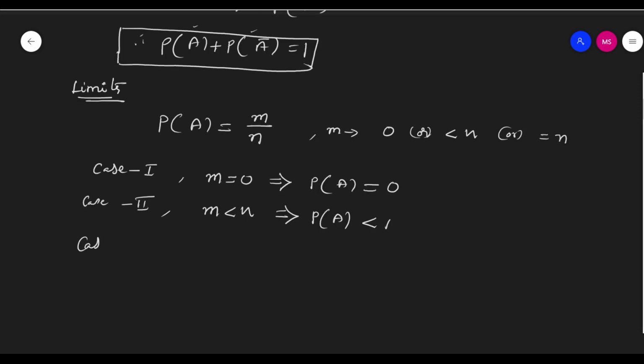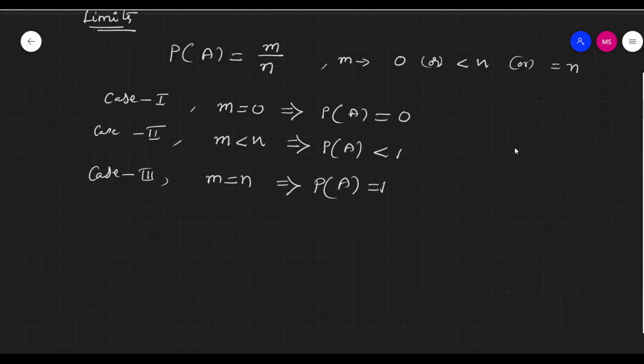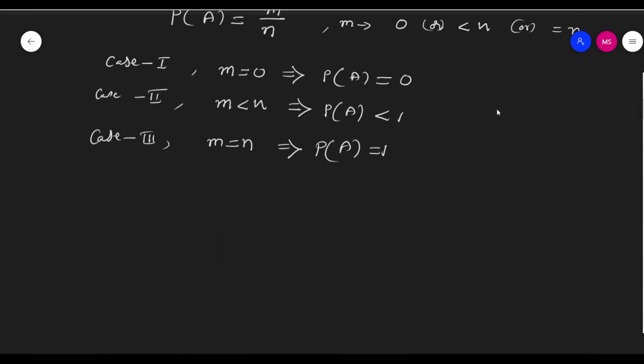Case 3: if m equals n, that implies P of A equals 1. Therefore, P of A always lies between 0 and 1.